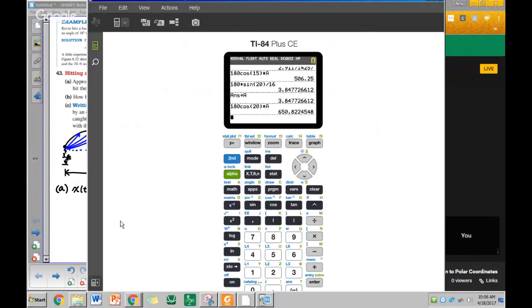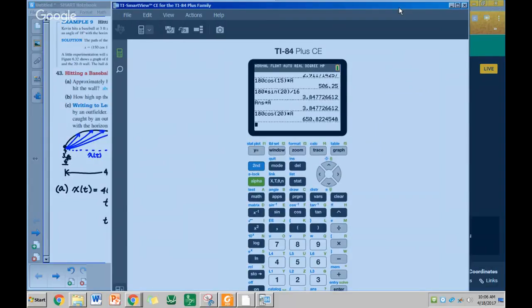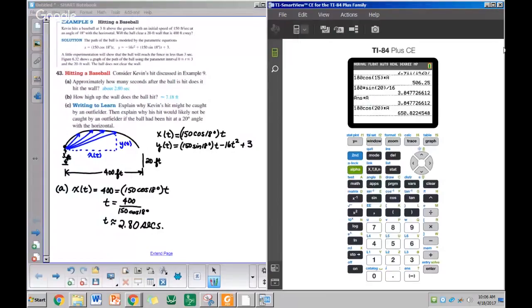All right, let's get the calculator up and over. I'm going to go to y equals here, clear out my equations, and I'm going to say in the x direction 150 times the cosine of 18 degrees times t.